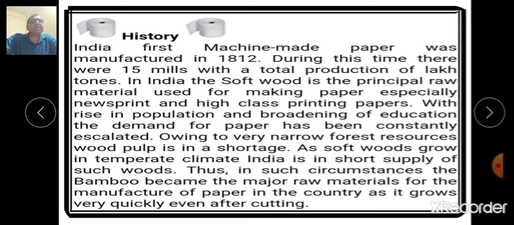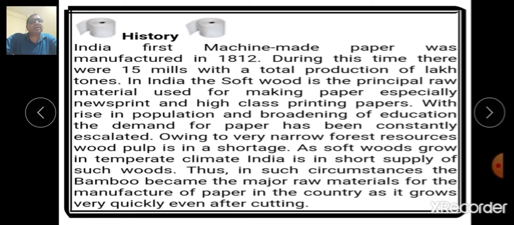In India, softwood is the major raw material used for making paper, especially newsprint and high class printing papers. Now, with the rise in population and broadening of education, the demand for paper has constantly increased.